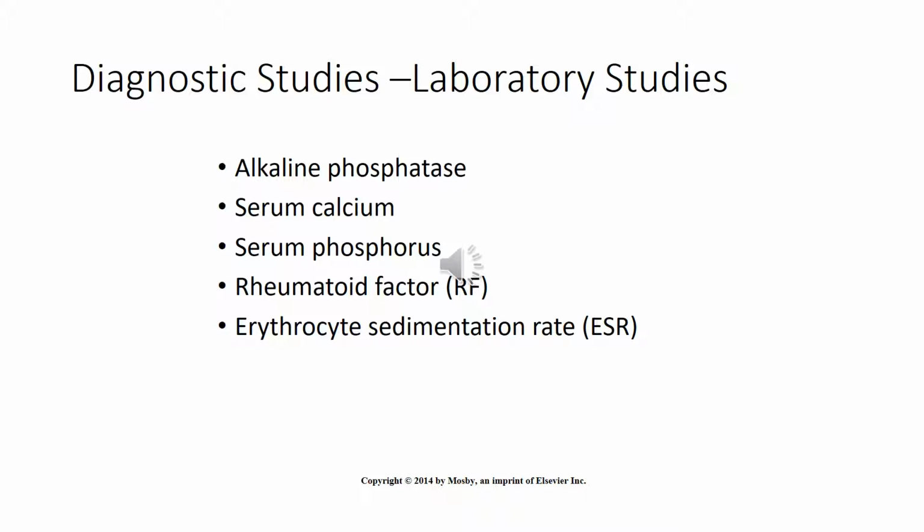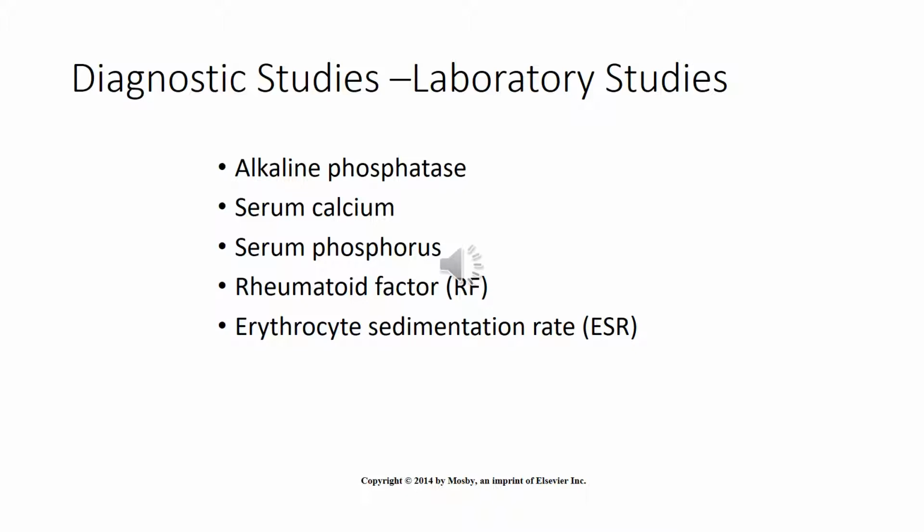Another one is the rheumatoid factor, and this just assesses for the presence of an autoantibody, which is the rheumatoid factor, in the blood. The factor is not specific for rheumatoid arthritis and is seen in other connective tissue diseases as well as in a small percentage of the normal population.